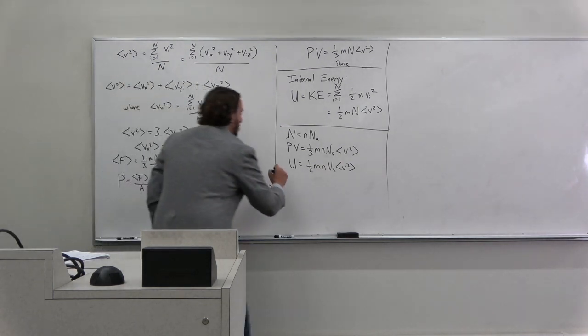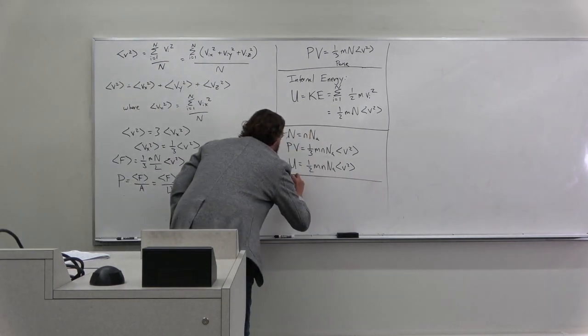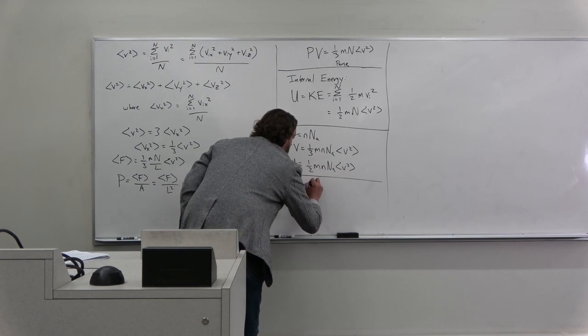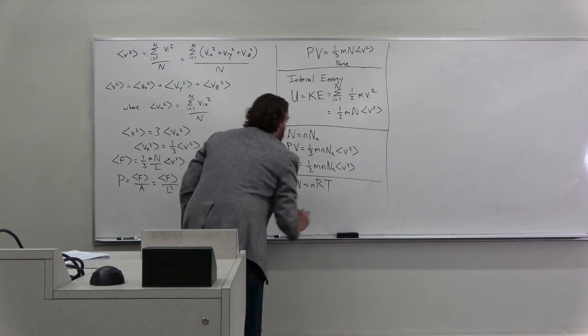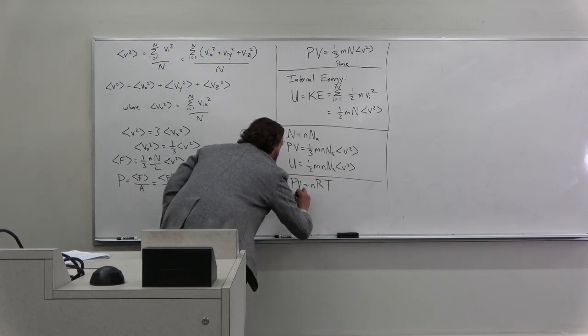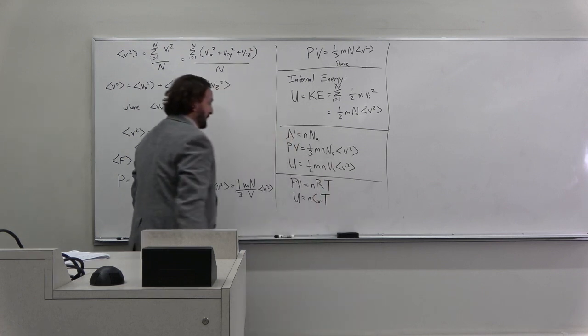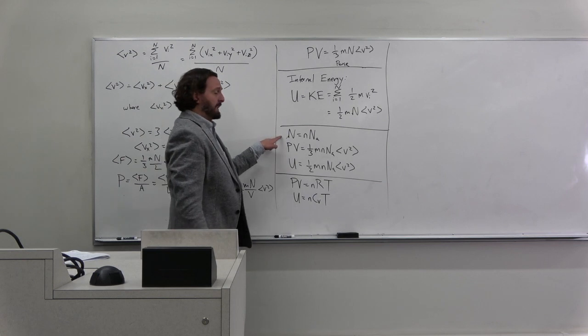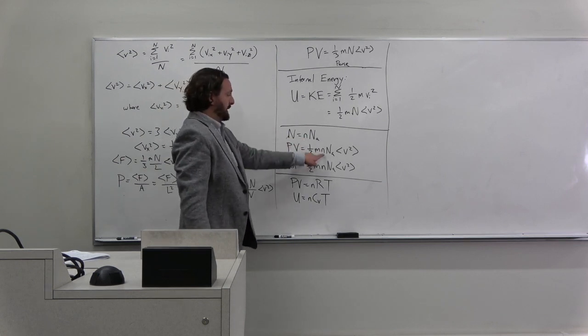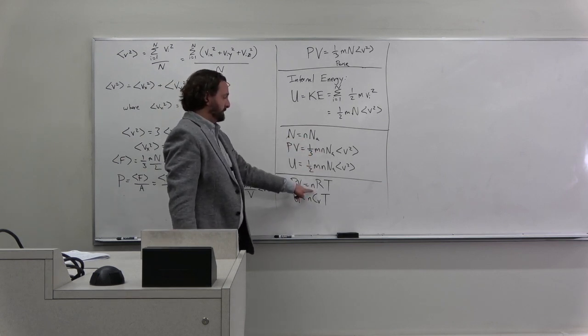Let's remember what we wanted. We were shooting for PV equals nRT, and U was nCvT. That's why I rewrote it like this, so I could get my n dependence.